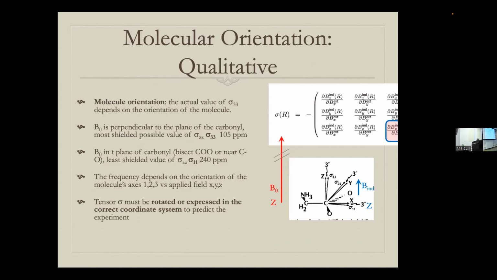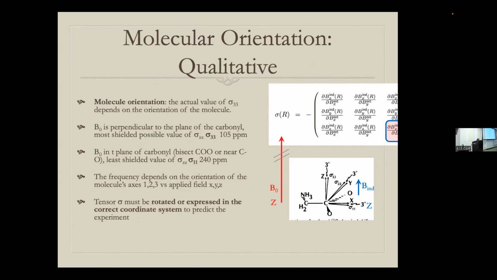Now, how about another axis? What if you're in the plane? What if I took this red arrow and I stuck it in the plane instead? And then I would maybe choose to put it sort of halfway in between the two oxygens, or a little bit more along the single bond, if there's a difference in bond order.